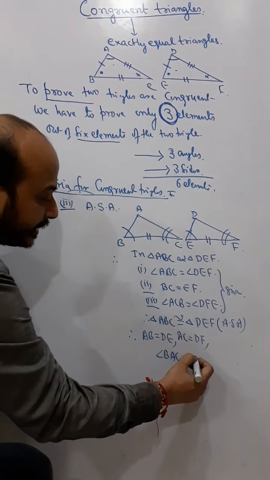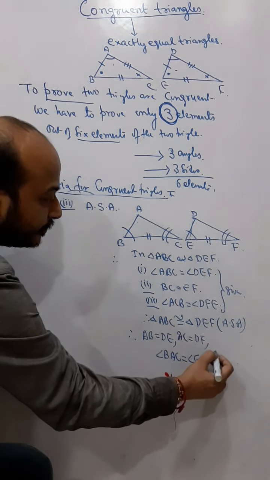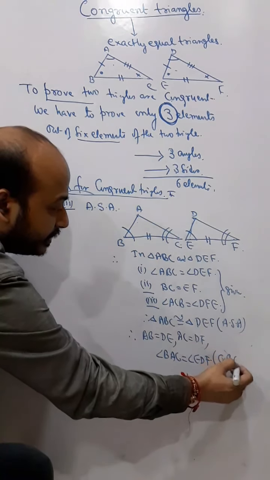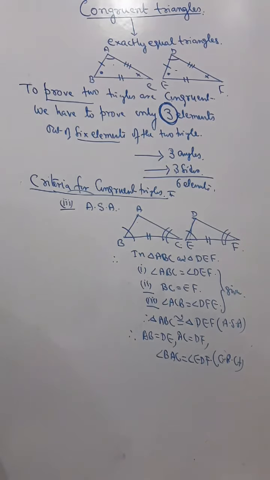So the reason is CPCT, corresponding parts of congruent triangles.